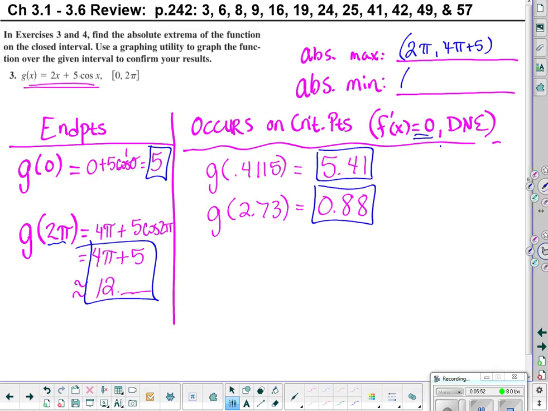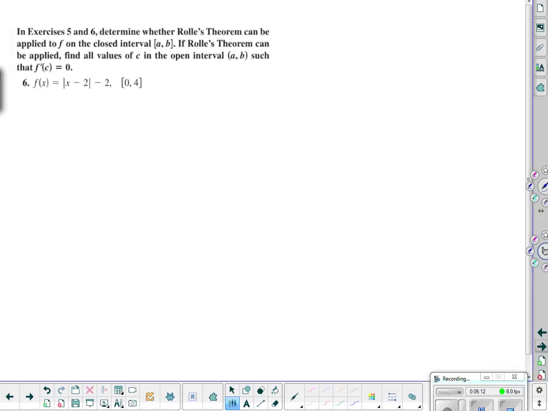The absolute min appears to be at 2.73, which gave me a y value of 0.88. There is problem 1. A little bit harder than necessary, maybe, just because of the complexities of the trig function.